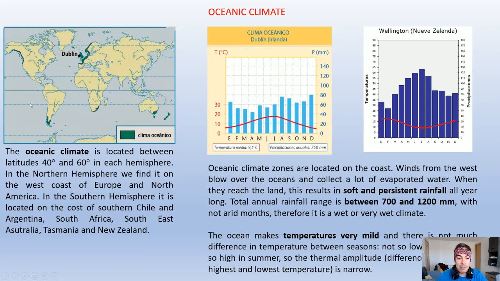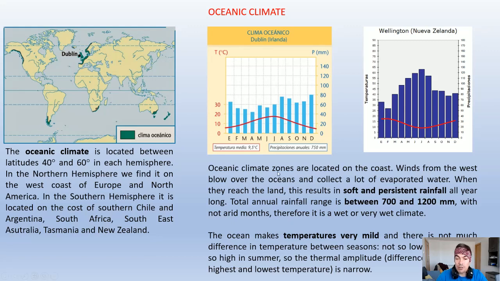In the southern hemisphere, it is located in the southern coast of Argentina and Chile, in South Africa here, and in the southeast of Australia, the island of Tasmania, which is this one, and New Zealand. So here we have two examples of climate graphs of oceanic climate in Dublin, Ireland, and in Wellington, New Zealand.